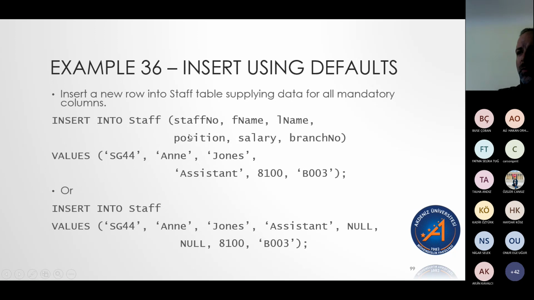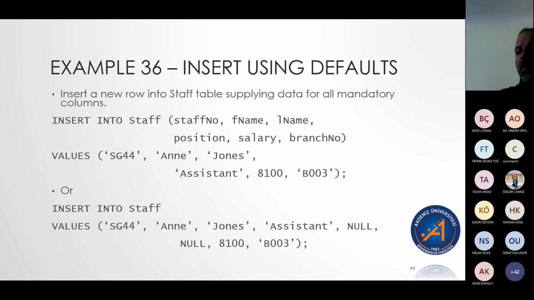So here we just list out the columns we want to put values into, and we don't put values for the other columns. Or in this example, which does the exact same thing, for those columns that we don't want to put values for, we just say null. So this is how you can insert single rows at a time.